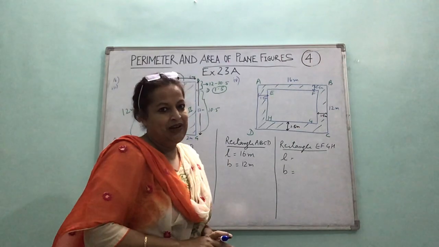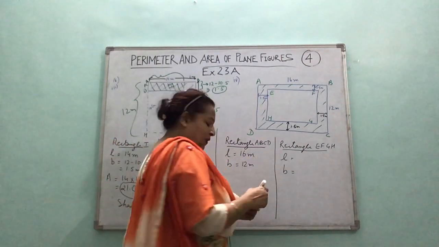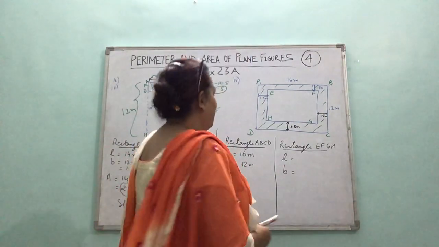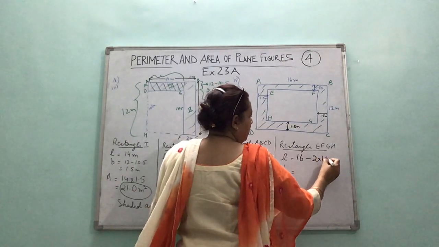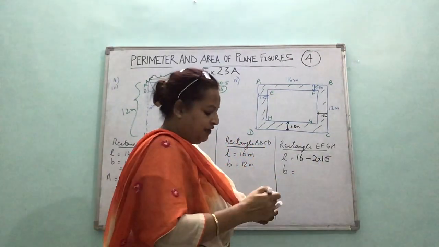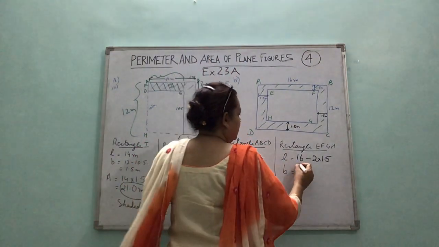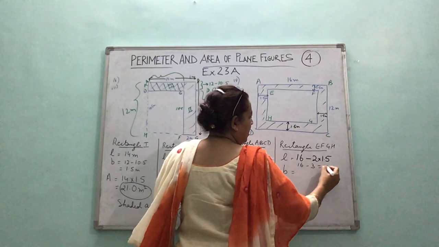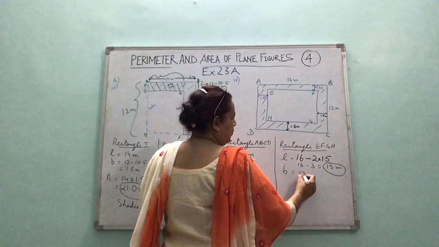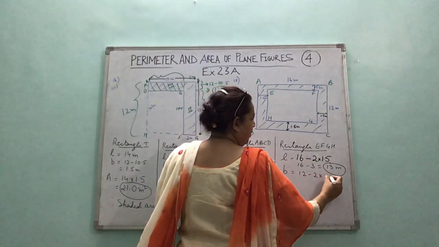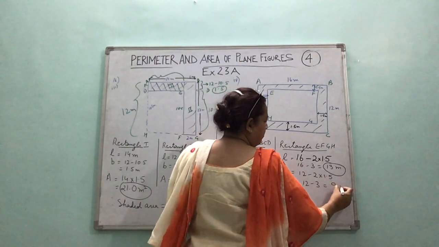So the length of the smaller rectangle would be 16 minus 2 times 1.5, which is 16 minus 3, 13 meter. Similarly, width would be 12 minus 2 into 1.5, so 12 minus 3, which is 9 meter.